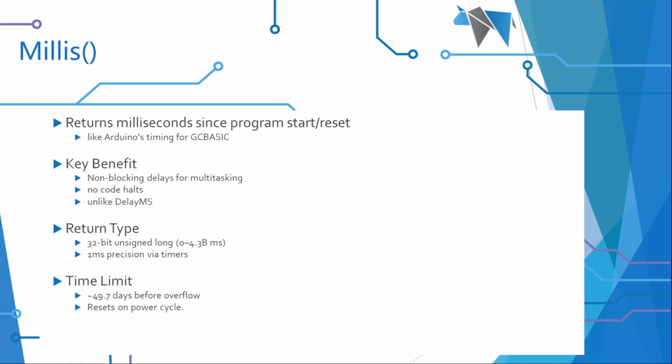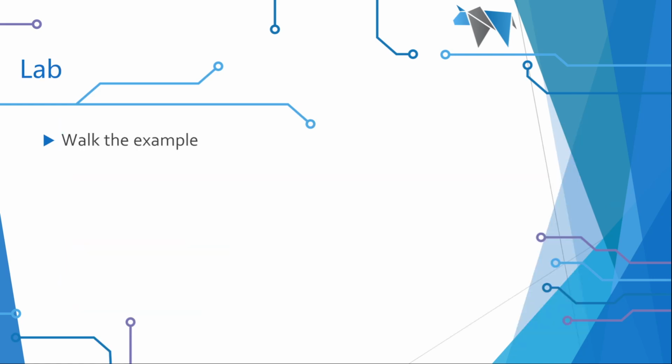That gives you approximately 49.7 days before it resets back to zero. It also resets back to zero on a power cycle, so you can run the chip for nearly 50 days and keep the time pretty accurate.